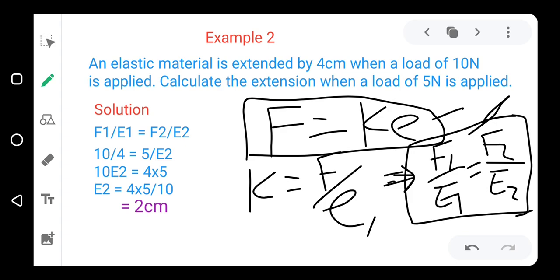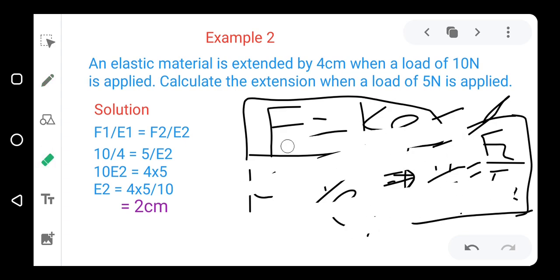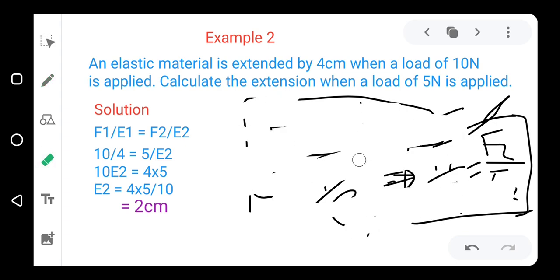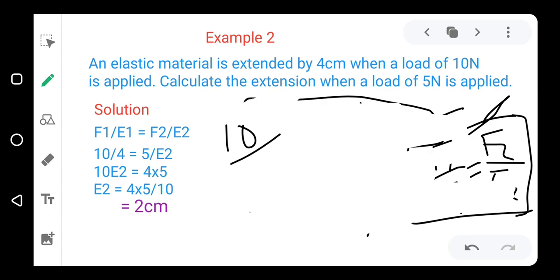So we say 10 over 4 is equal to 5 over E2.